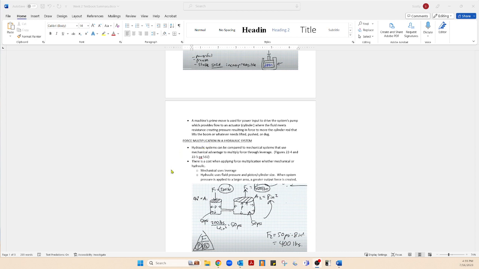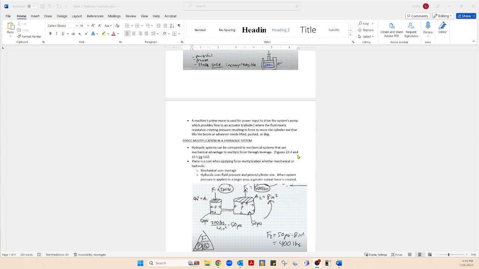Force multiplication: hydraulic systems can be compared to mechanical systems that use mechanical advantage to multiply force through leverage. Figures 22-4 and 22-5 on page 532 of your textbook, Fundamentals of Mobile Heavy Equipment, are a really good illustration.